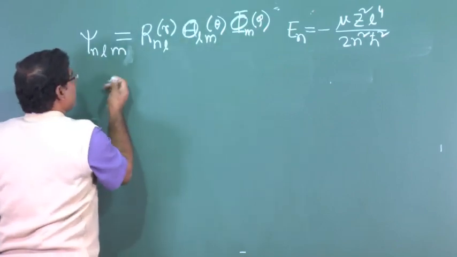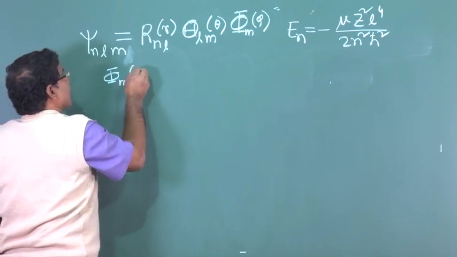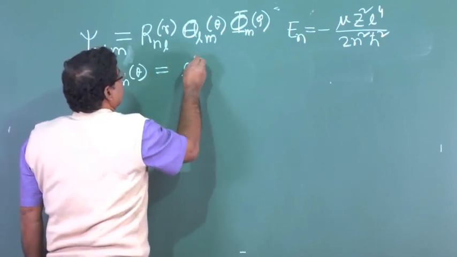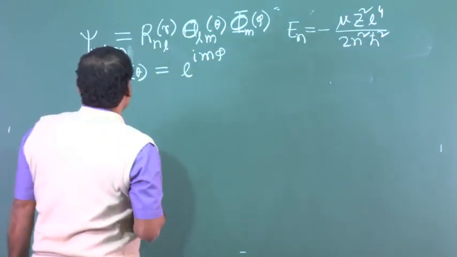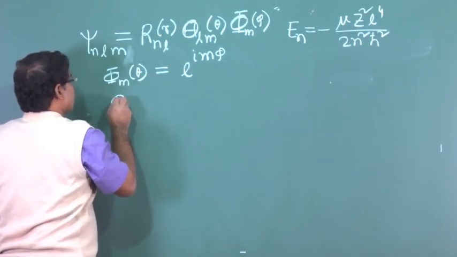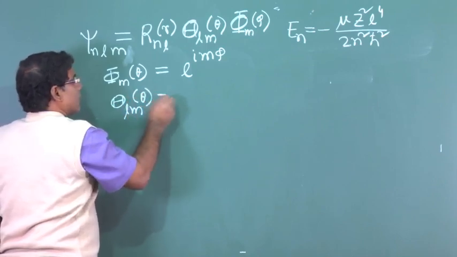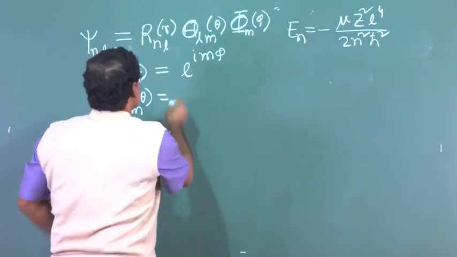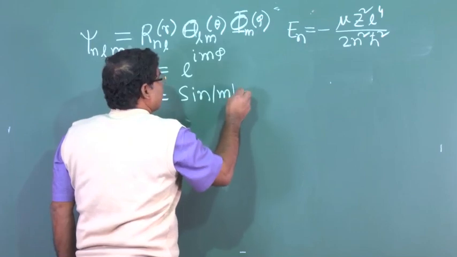Where the form of phi m is basically e to the power i m phi, and the form of theta l m, I think its form is like sin to the power mod m theta.